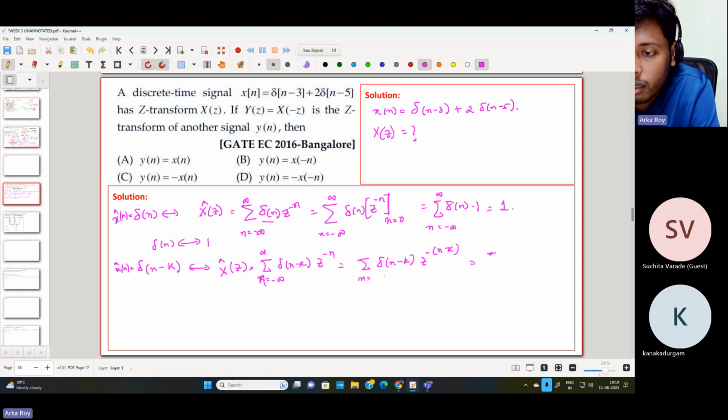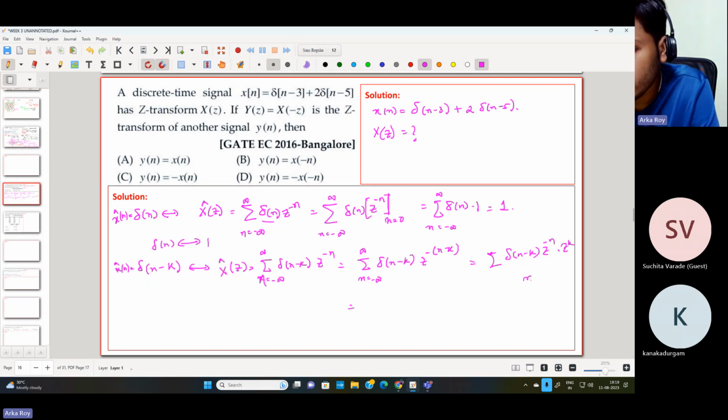I can write delta[n minus k] z to the power minus (n minus k) times z to the power minus k.